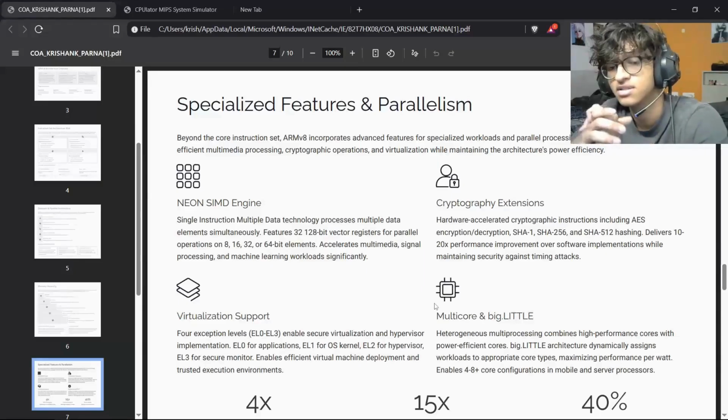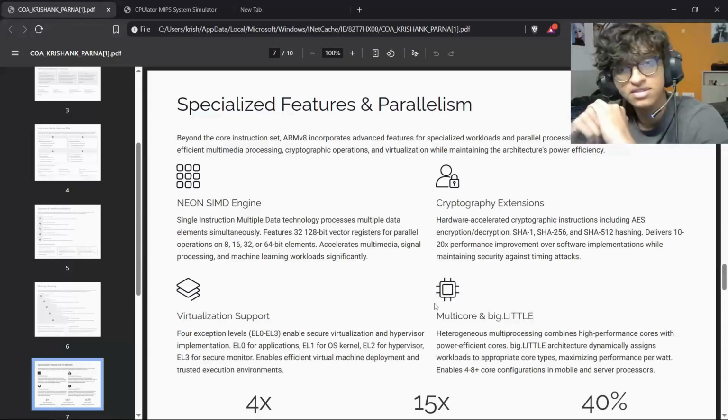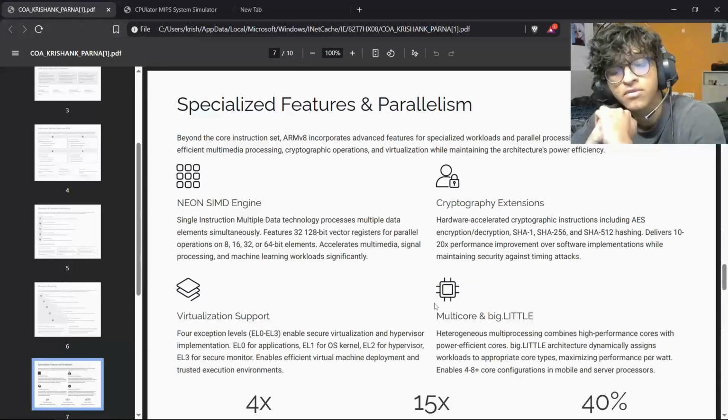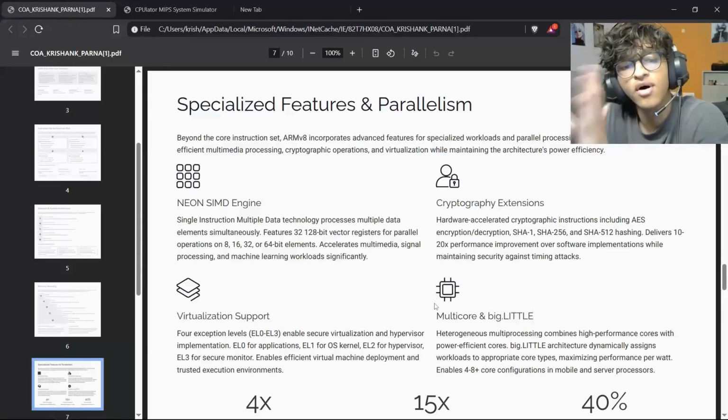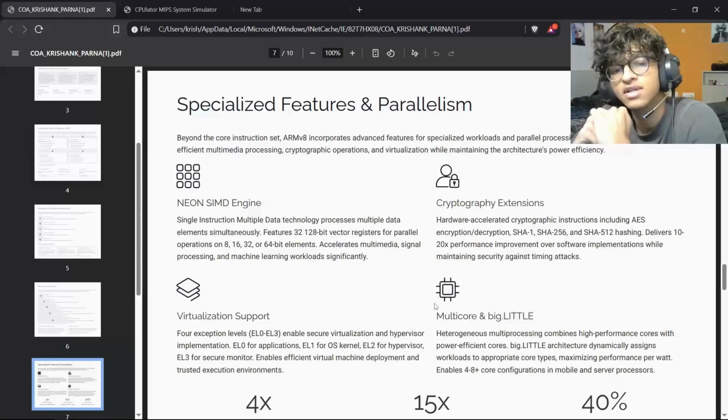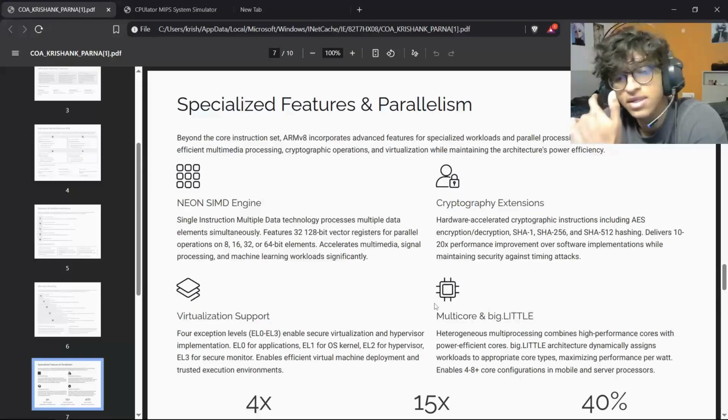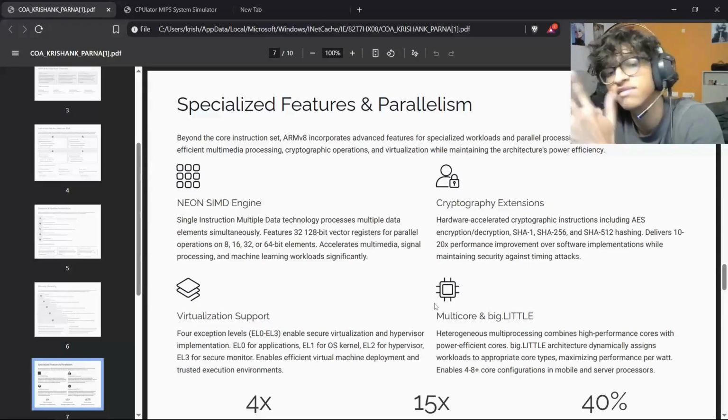The cryptographic extensions provide hardware accelerated cryptographic instructions, including AES encryption and decryption, delivering 10 to 20 times performance improvement over software implementations while maintaining security against timing attacks. Virtualization support for 4 exception levels enables secure virtualization and hypervisor implementation: EL0 for applications, EL1 for the OS kernel, EL2 for the hypervisor, and EL3 for the secure monitor.